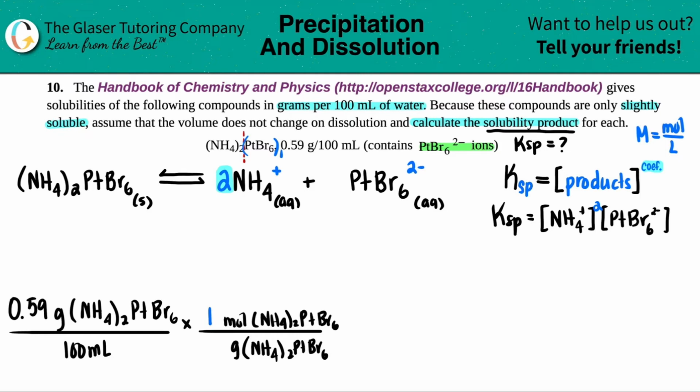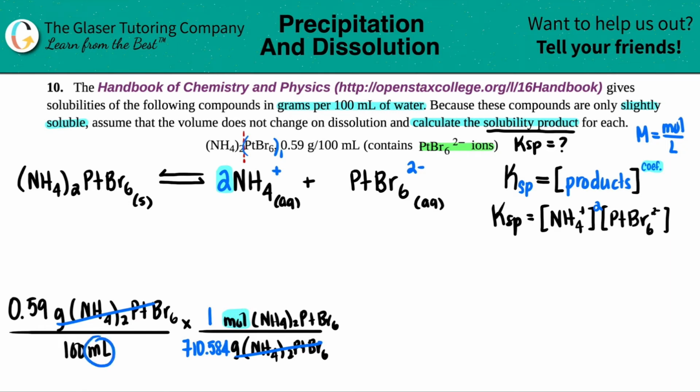And then 6 bromines, 79.9. Okay, so this is roughly 710.584. Cool. Grams cancel out with grams. We're left with the first unit that we want, which is the moles.